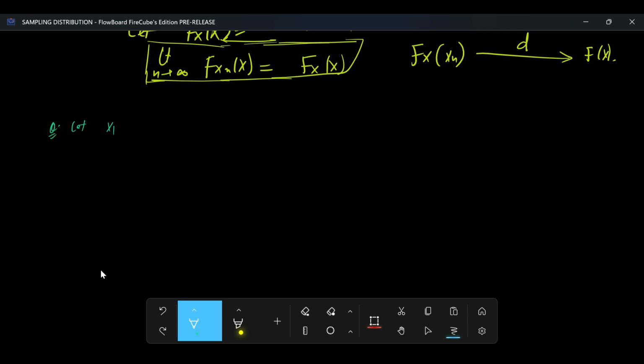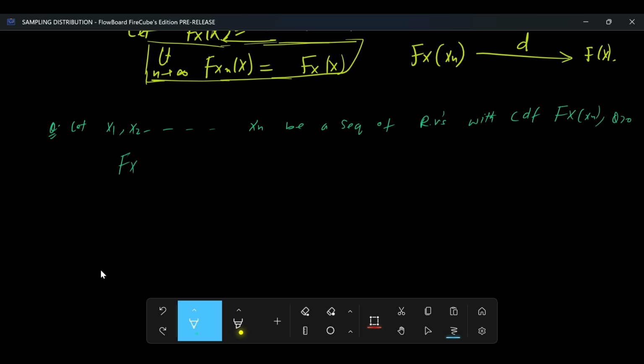let x1, x2 up to xn be a sequence of random variables with CDF f of x xn, where theta is greater than 0.